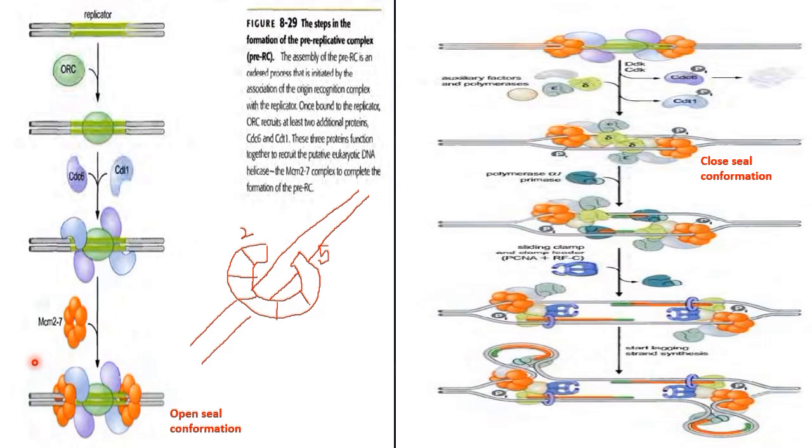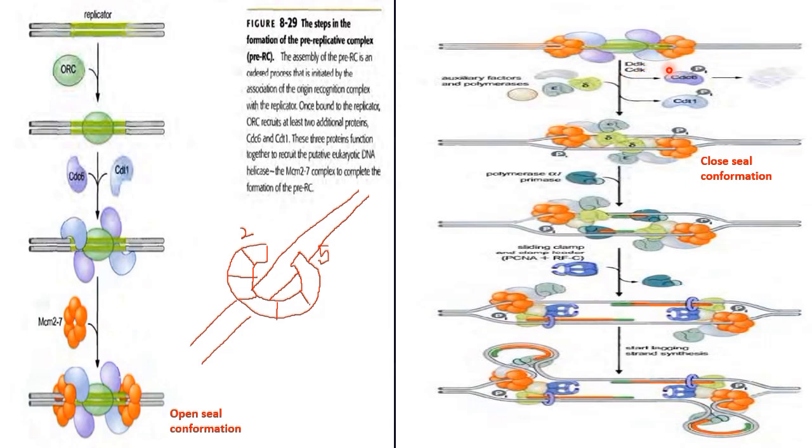Now, let's continue. When the DNA licensing has happened and the synthesis phase or S phase of the cell cycle starts, some kinases are recruited. Among them are DDK and CDK, where DDK stands for DBF4 dependent kinase and CDK stands for cyclin dependent kinase.